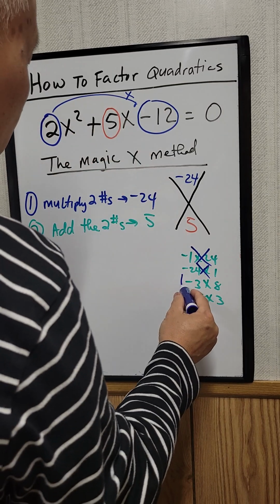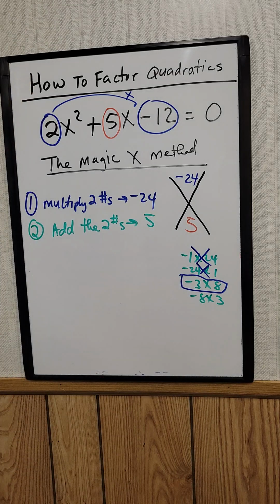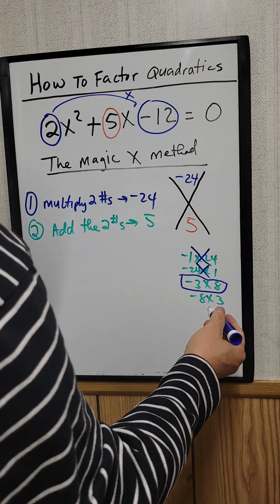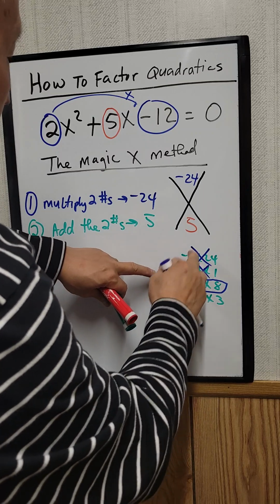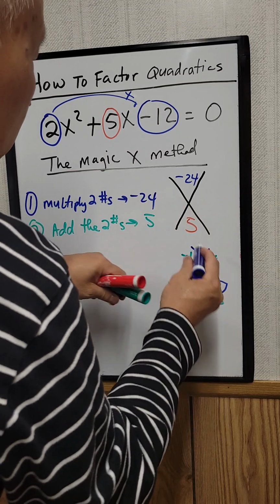So this is the one that we want. Okay, now you can interchange them, put this in the front or this in the back. Let's put the 8 in the front right here.